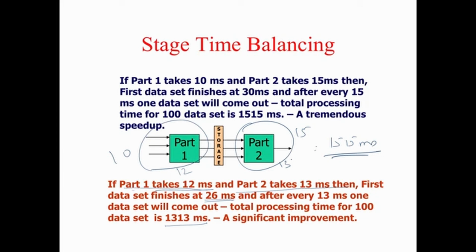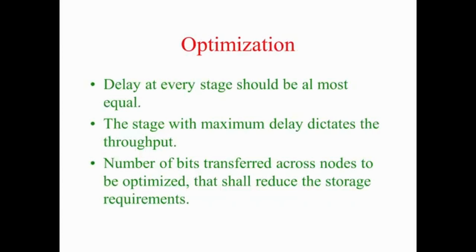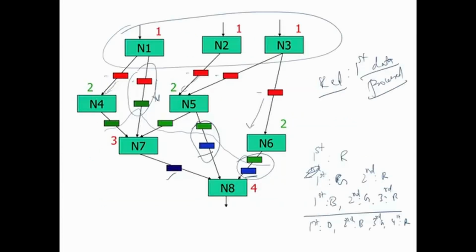So when we are doing this pipelining, please note that N1 to N8 are modules and they should have the same complexity in terms of time. One should not consume a large delay. So essentially that means every stage is balanced.